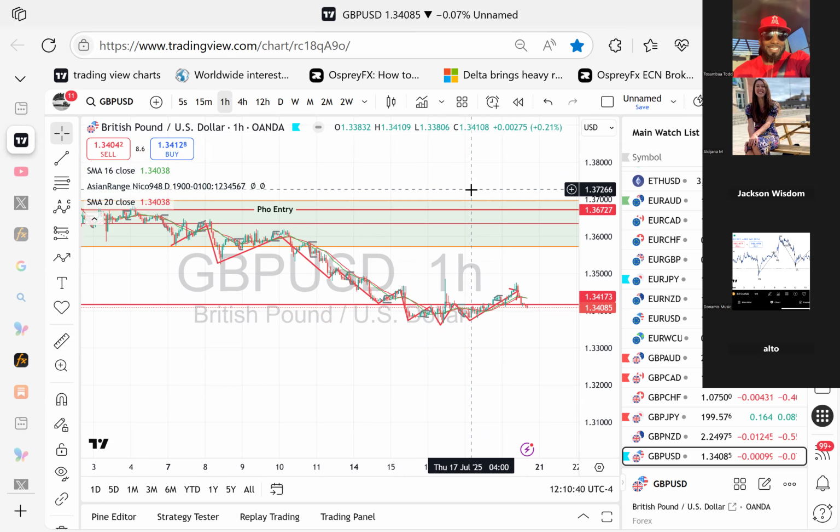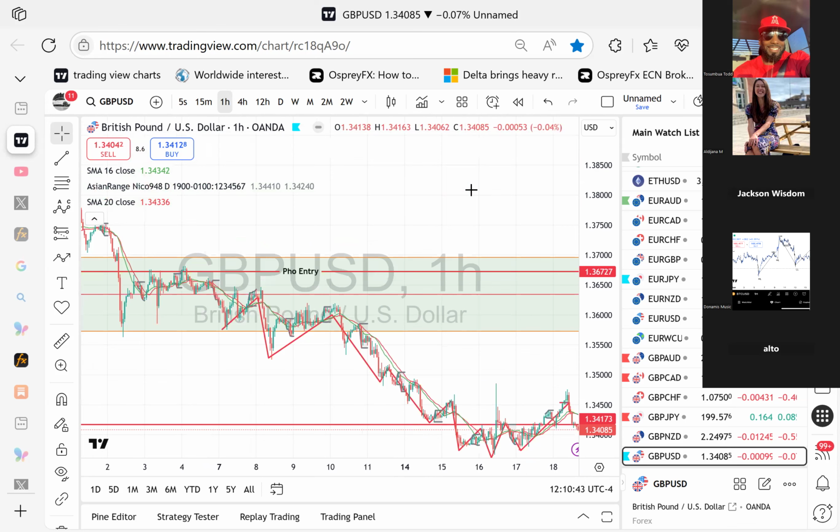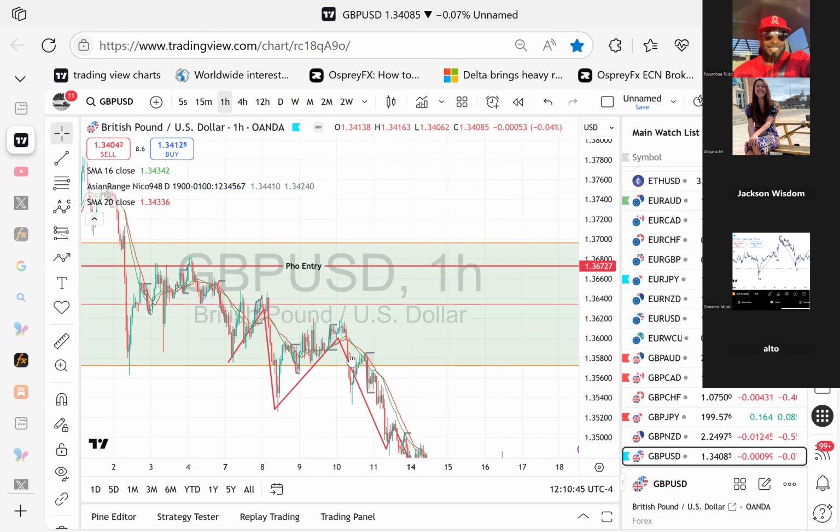So that is why I always tell you as a trader to look for your imbalance. If you have an order block with an imbalance that broke structure, the market is going to go there.